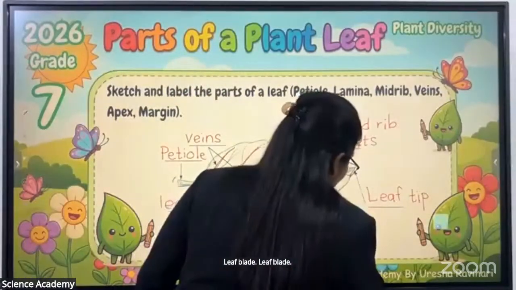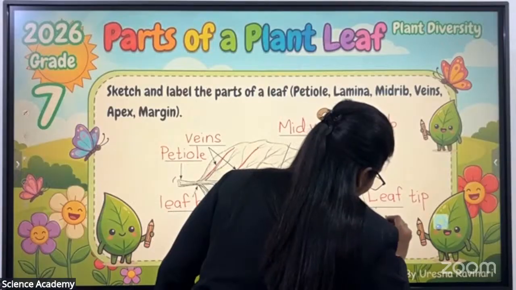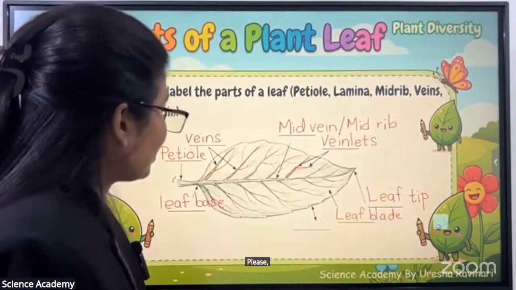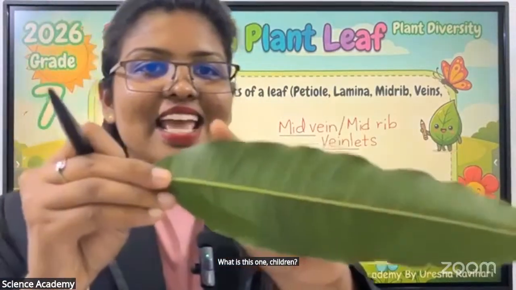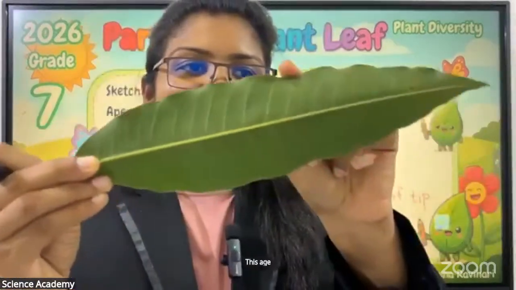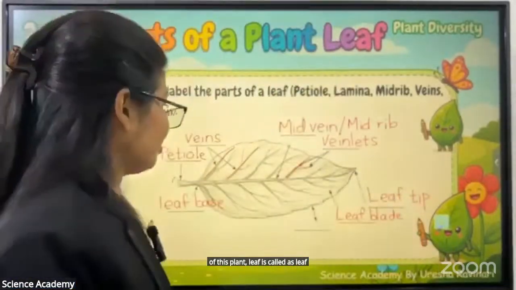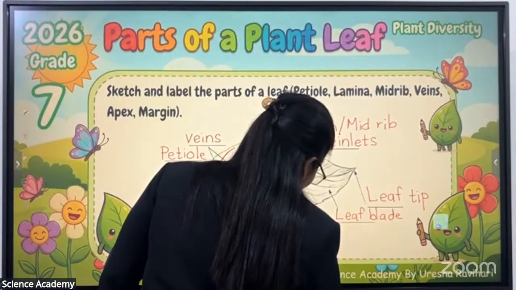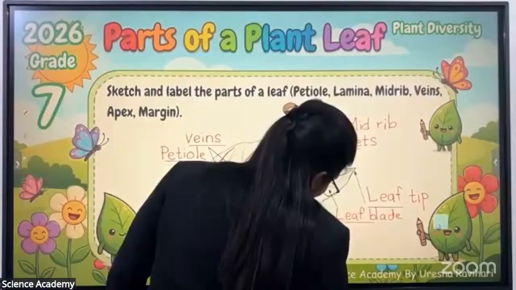Patra talaya, leaf blade. What is this one, children? The surrounding edge of this plant leaf is called the leaf margin. Leaf margin.